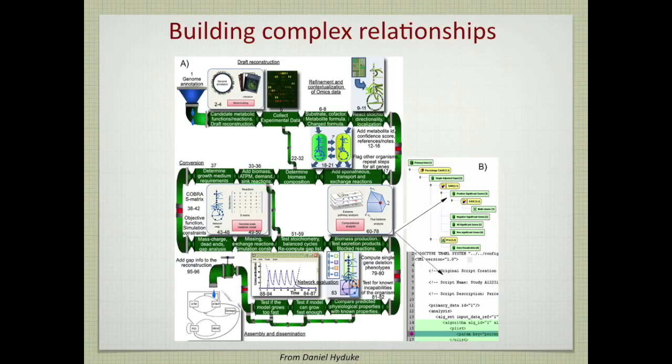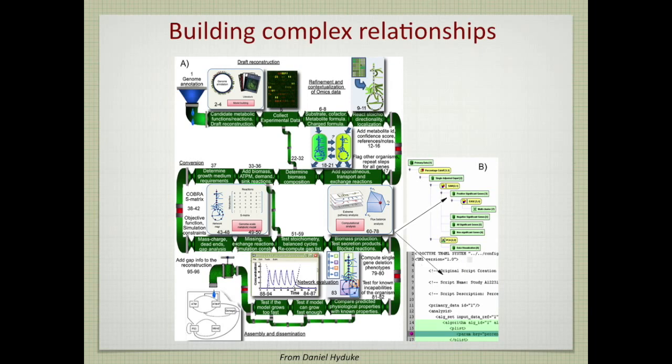But there's a workflow that has to be executed with certain quality controls on it to make sure that the end product is accurate. So this is very important, a workflow. And those of you that are taking bioinformatics are probably excited about this because there are a lot of workflows in computer science. But in this field, the workflow also includes data types that get used. So this is one workflow.